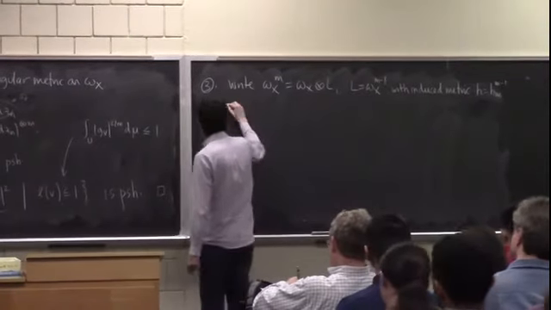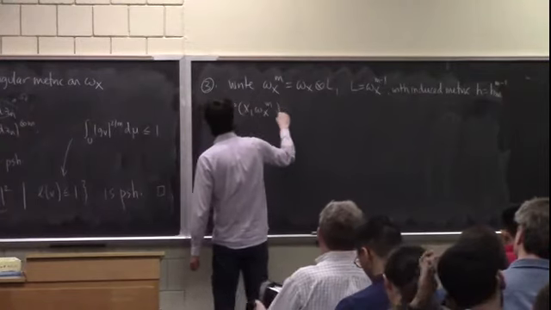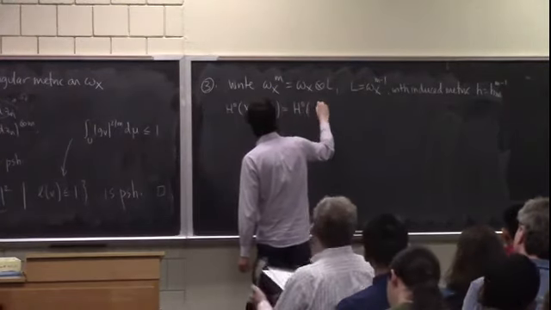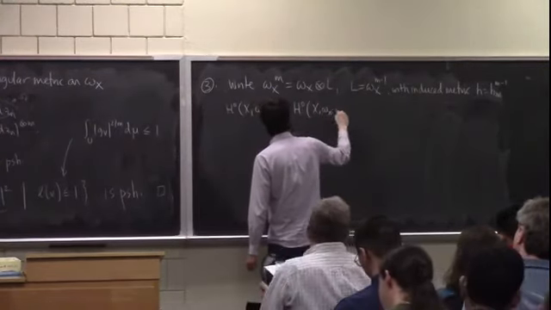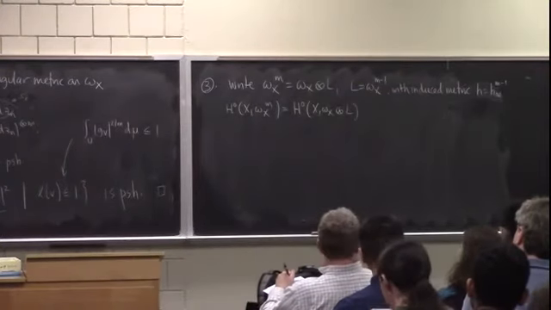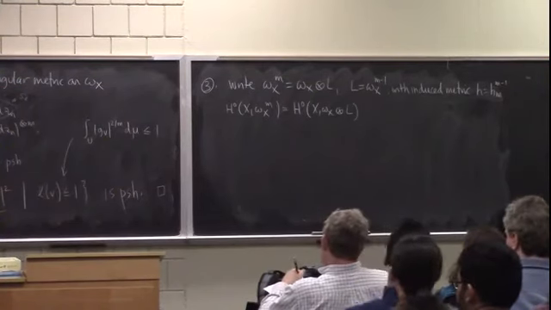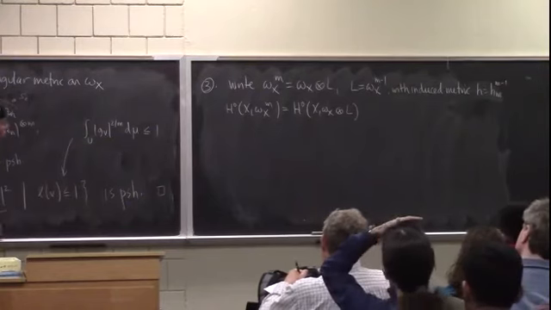And therefore, my space here is actually the space of sections of omega x times L, where L is this line bundle with this semi-positively curved metric.